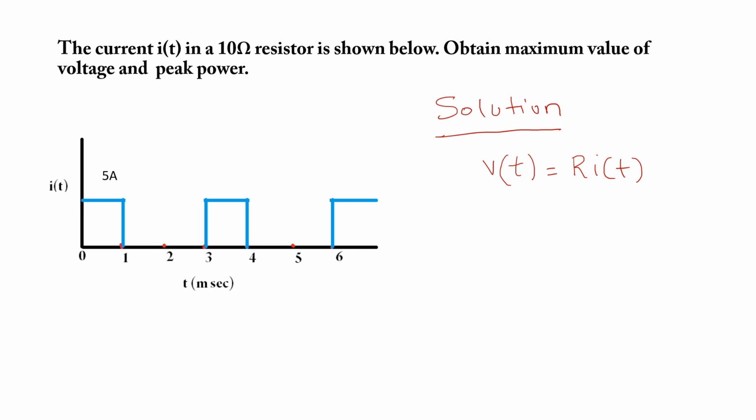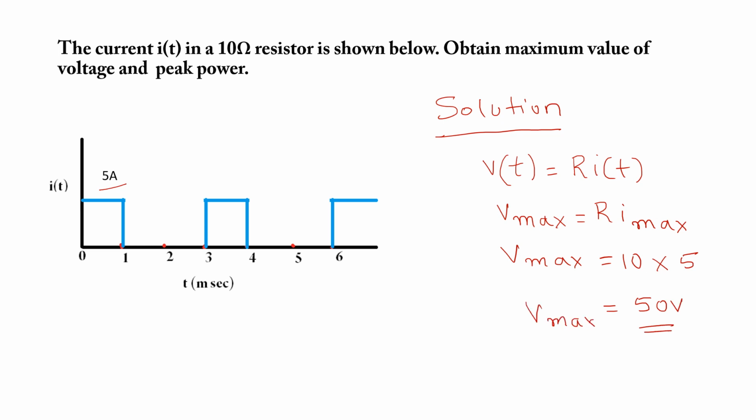If we want to find the maximum value, we need the maximum value of current, so it is R times I max. I maximum is given, which is 5 amps. So V max is equal to 10 ohms, which is given in the question, times the maximum current of 5 amps. So the maximum value of the voltage is 50 volts.